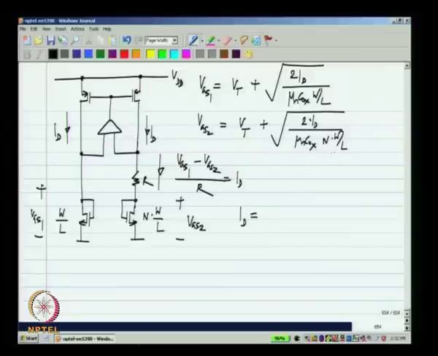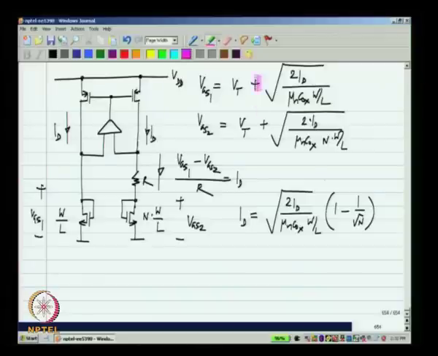So, ID comes out to be square root of 2 ID by mu n Cox W by L, 1 minus 1 over square root of n. The first term comes from VGS1, the second term from VGS2, times 1 by R.